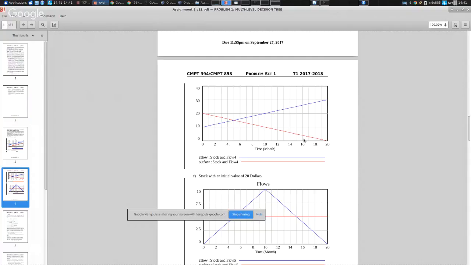But just be sure they're labeled so that you have time on the x-axis. We're showing the value of the stock over time. And the value of the stock would be on the y-axis, so make sure there are some labels for that, 10, 20, 30, whatever it is, 100. So be sure to put those in.